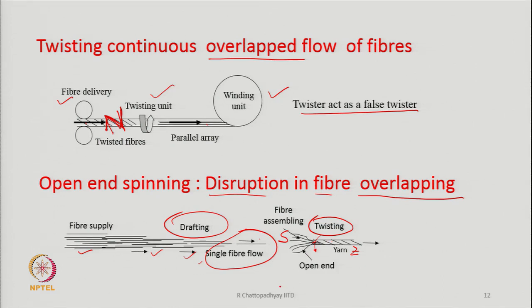If there is single fiber flow, the velocity of the incoming fiber and the velocity of the twisted yarn should be so balanced that at any point of time there will be 200 fibers available at the twisting point, so that we can produce a yarn of the desired count. So, fibers have to be slowed down.